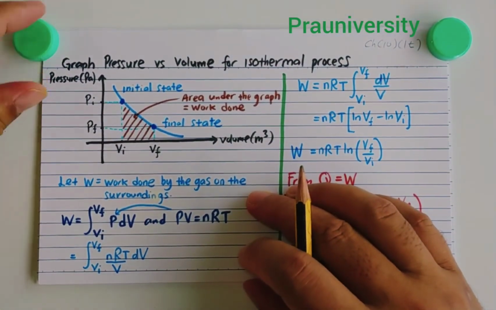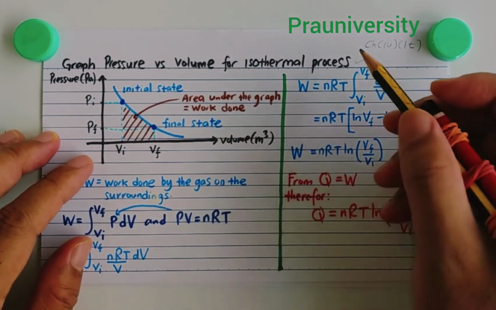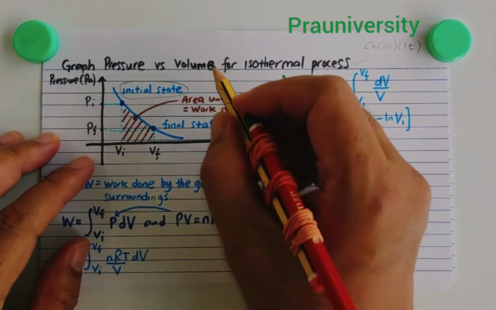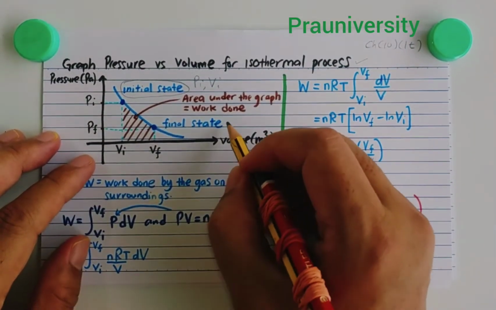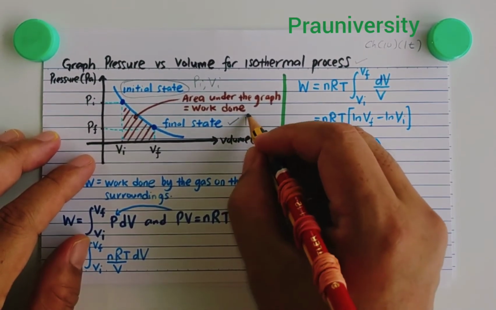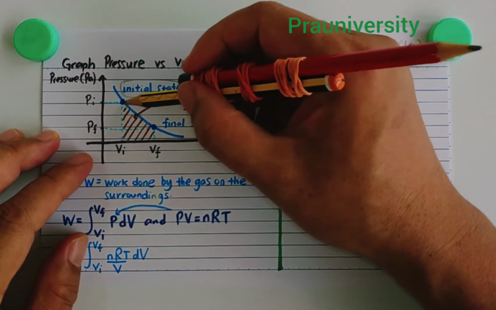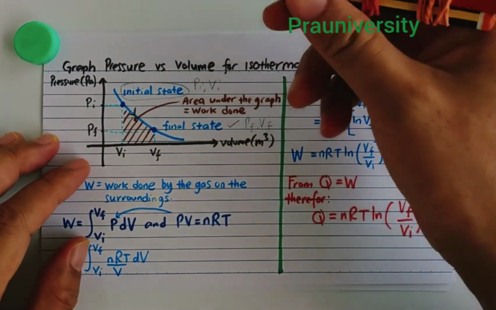From the graph of pressure versus volume for the isothermal process, here is the initial state, P initial, V initial, and here is the final state, P final, V final. The gas expands from here to here.